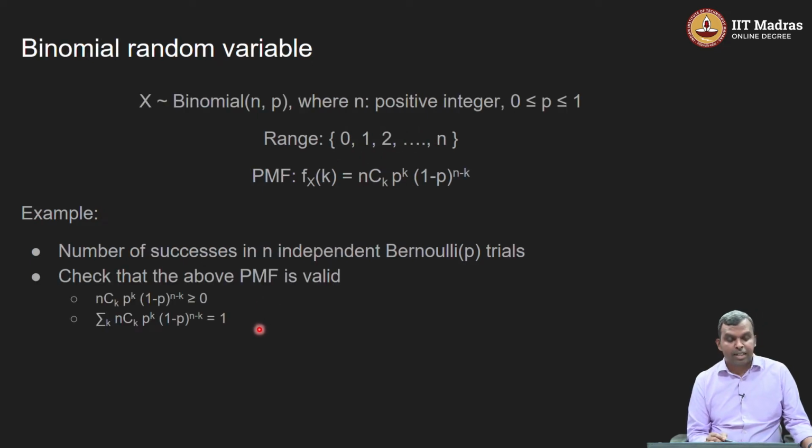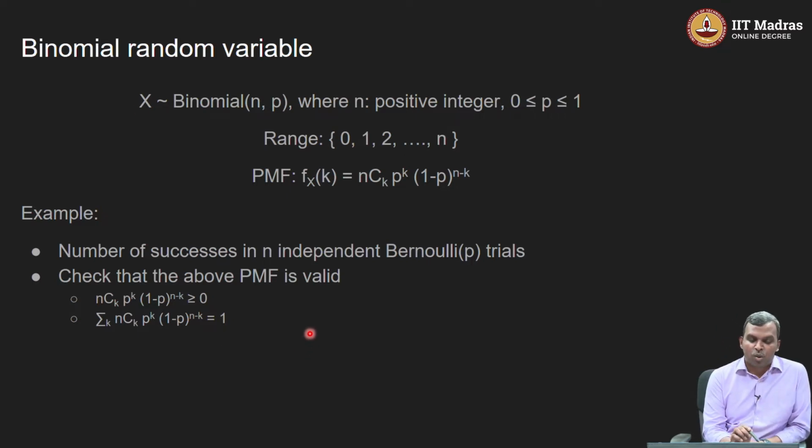Okay, the next one is a binomial random variable. We have seen this before. Now the parameters become slightly larger. Okay, so here is the notation again, X tilde Binomial(n, p). There are two parameters, n and p. n is a positive integer and p is a number between 0 and 1. Okay. So, for a random variable which has a binomial distribution with parameters n and p, the range is the integers 0 to n: 0, 1, 2, 3, and so on till n.